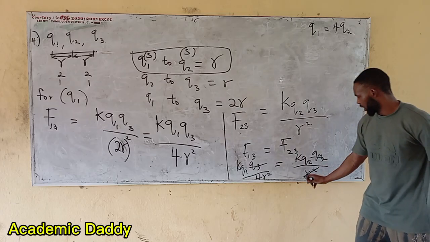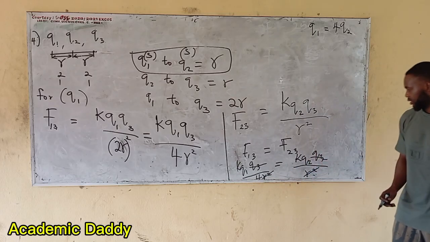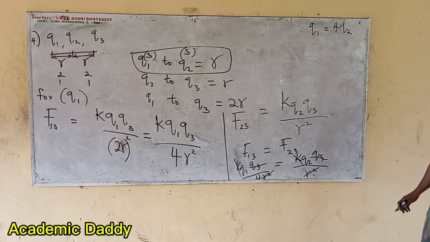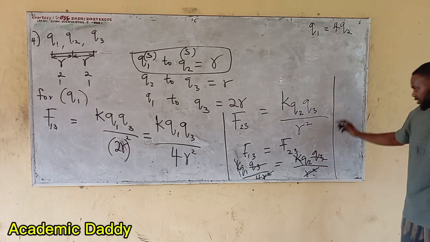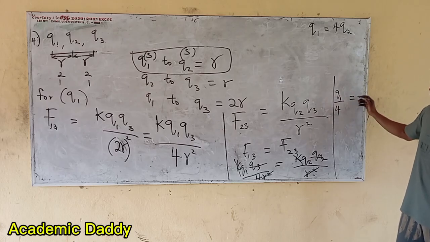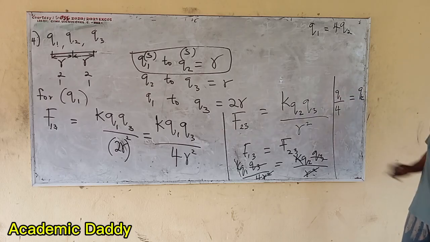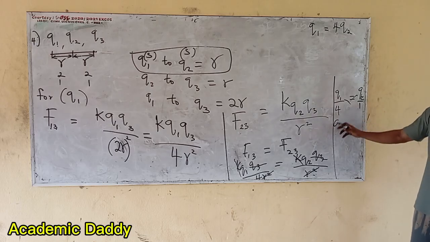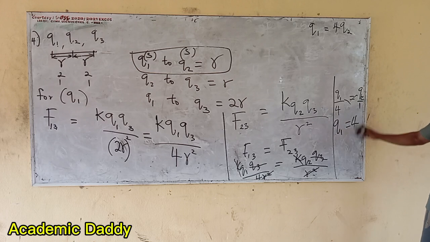This can. They can cancel K, right? Check if I'm still in order. So I'm now having Q1 over 4 equals Q2 over 1. So cross multiply, this can be stated as saying Q1 equals 4Q2. Very simple. No stress.